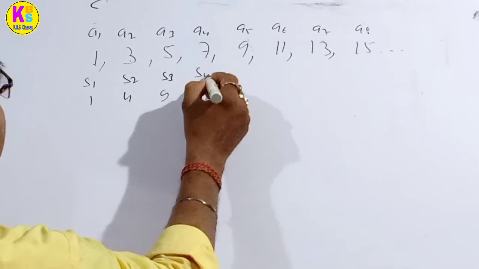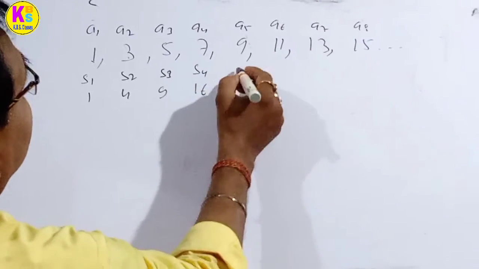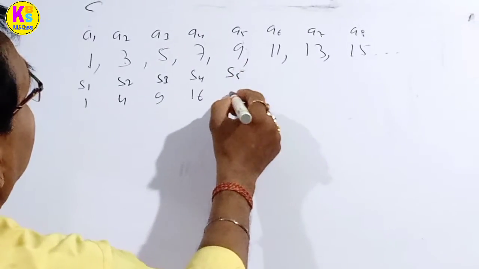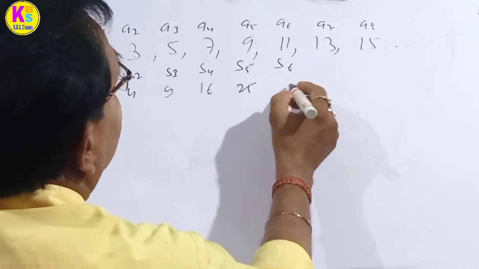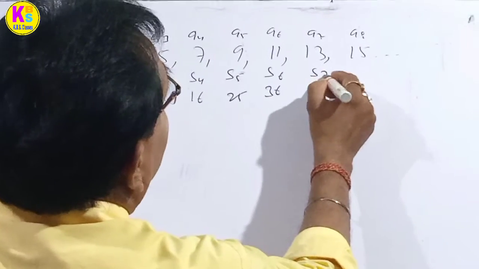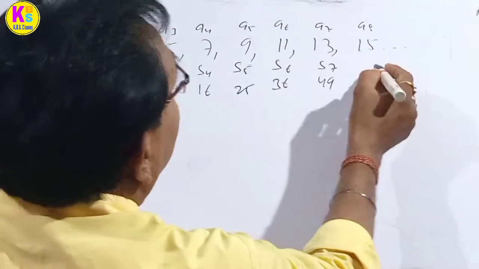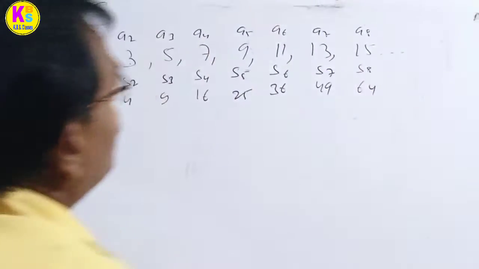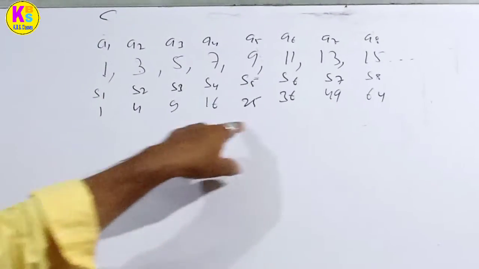In this way, sum 4 is 16, sum 5 is 25, sum 6 is 36, sum 7 is 49 and sum 8 is 64. This sum is to be found out by the formula given.